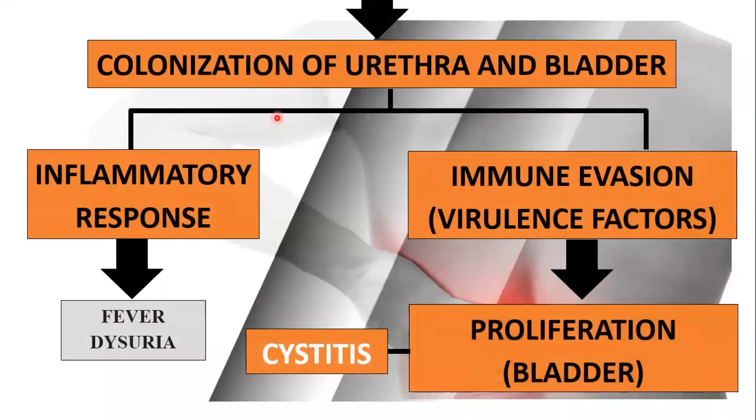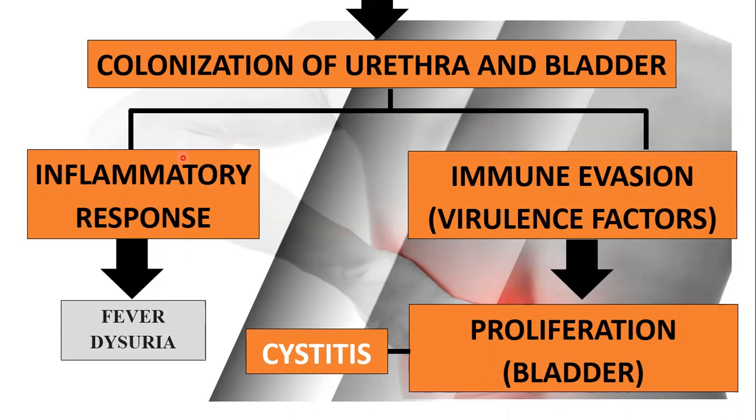This would now lead to the colonization of the bacteria, and the most common bacteria linked to UTI is E. coli. Okay? And it would colonize the urethra and the bladder. This would now create two results, the inflammatory response and also the immune evasion of the bacteria.